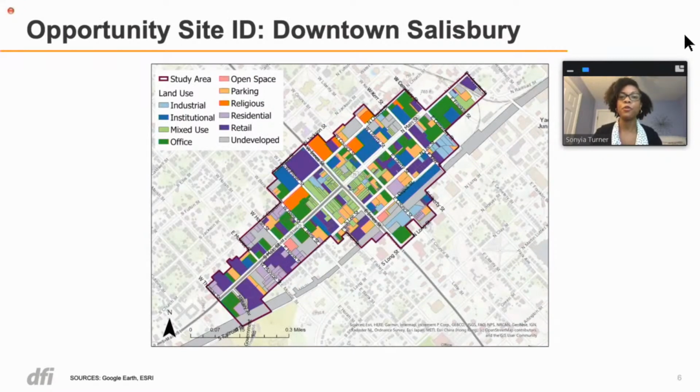And so for Salisbury, we actually looked at 3 different study areas. For the opportunity site ID portion of our contract, we're looking at downtown Salisbury, which includes the boundaries of the MSD with the addition of parcels to the north and to the south directed by staff so that we could explore some activity happening in those areas as well.